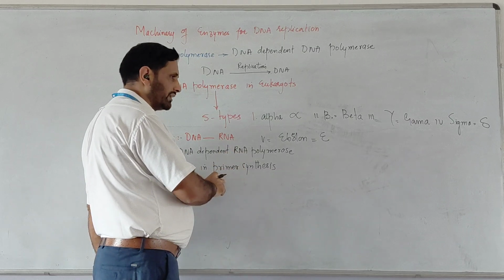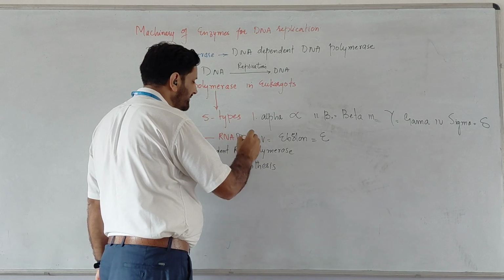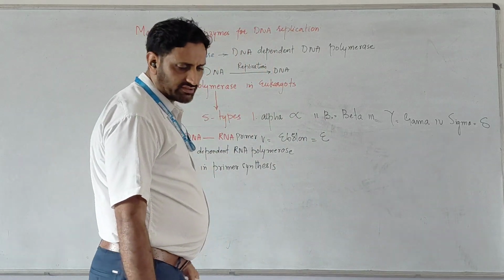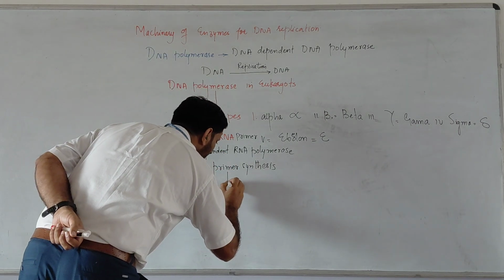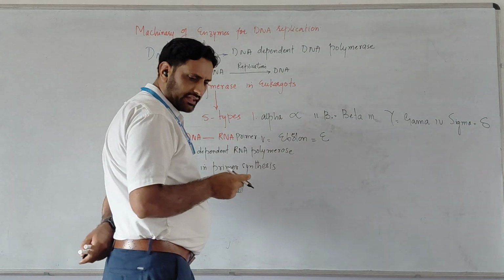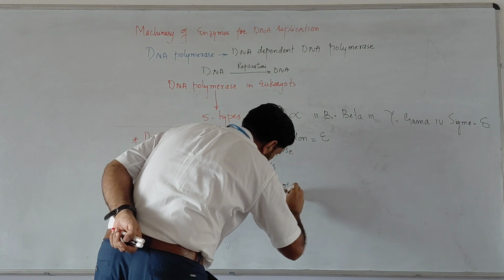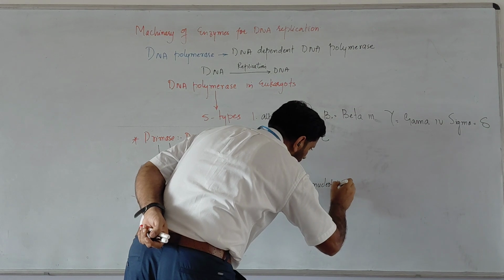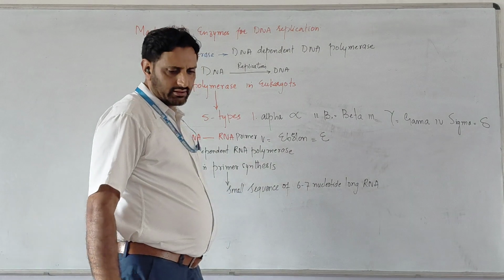These are RNA primers, a small sequence of 6 to 7 nucleotides of RNA.